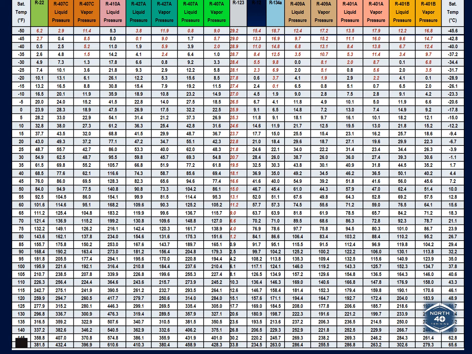So how would you do that with it hooked up and operating? What you would have to do is look at the pressures. Okay, once you get the pressures, say we're operating at 60 psi on the low side. I can't look at the temperature in the middle because that would correlate over to R410A. And of course, if you look at the pressure temperature chart here, across the top are your refrigerants.